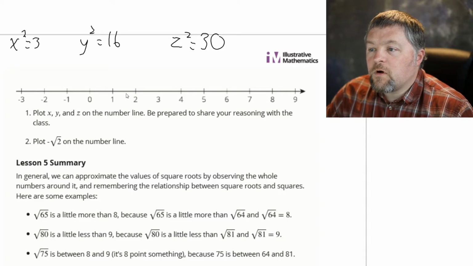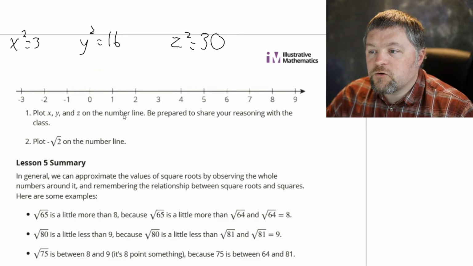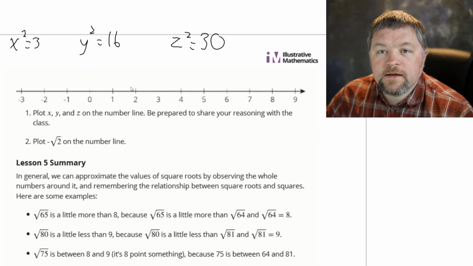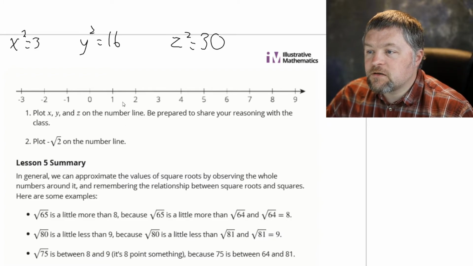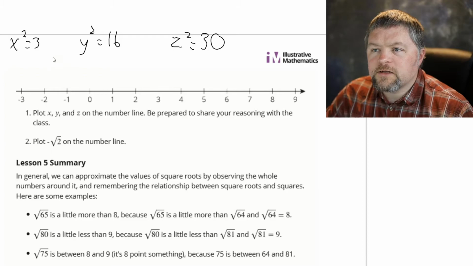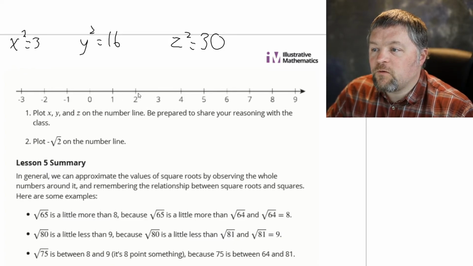Well, let's think. 1.5 squared is... 1.5 is 3 over 2. 3 over 2 squared would be 3 over 2 times 3 over 2, which would be 9 over 4. 9/4 would be 2.25. 3 is greater than 2.25, so it would have to be between 1.5 and 2.